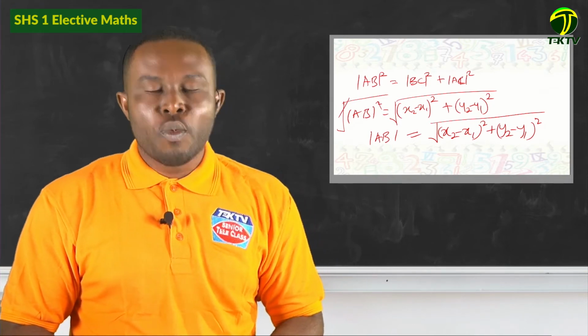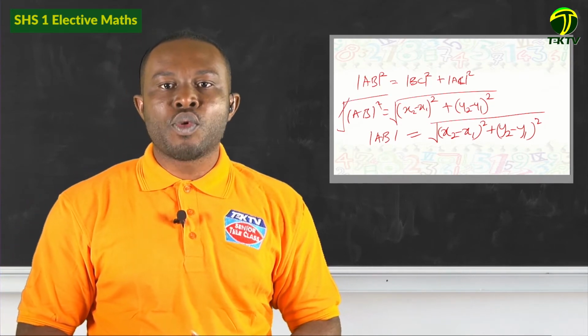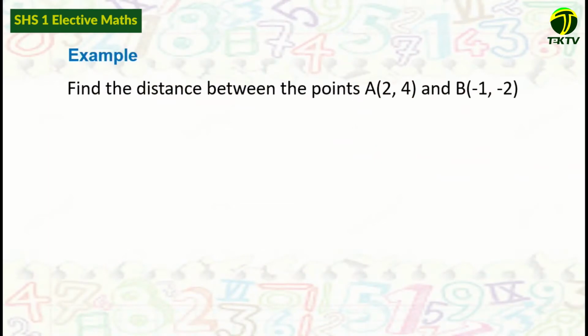And so we shall try an example by using this simple and nice formula. Example 1. Find the distance between the points A(2, 4) and B(-1, -2). Let's look at the solution. We are doing it together.